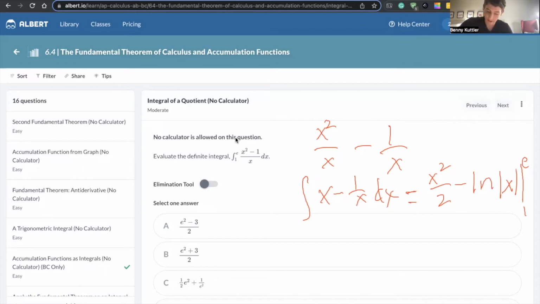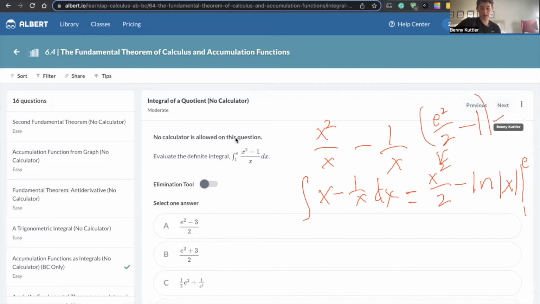So now if we plug in e over here, we have e squared over 2 minus ln of e is just 1 because e to the 1 is e. So minus 1, that's our f of e.